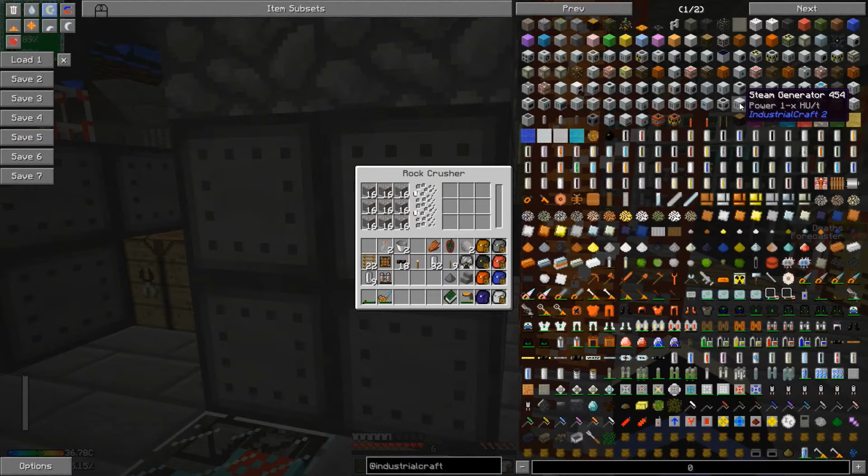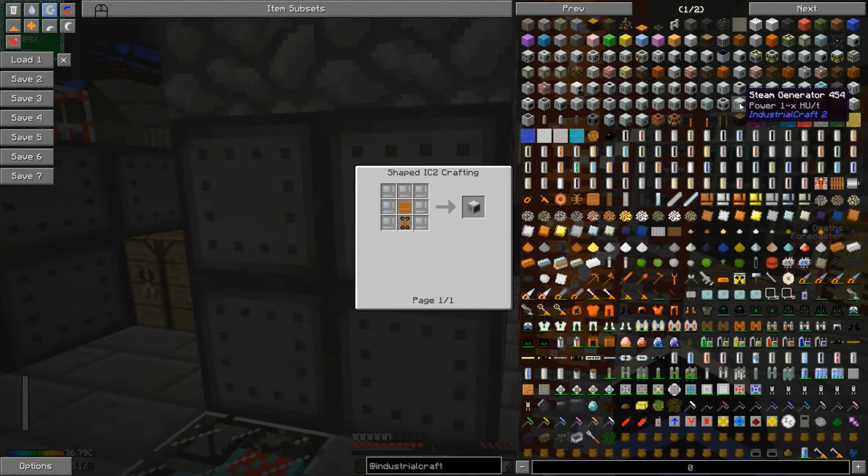There it is. A steam generator, which is pretty simple. Some iron item casings, which we'll be able to make plenty of later, and a copper boiler. Copper boiler is copper item casings. I think we're going to want to make 2 of these. Maybe we'll make 1 set to start, and make more later.